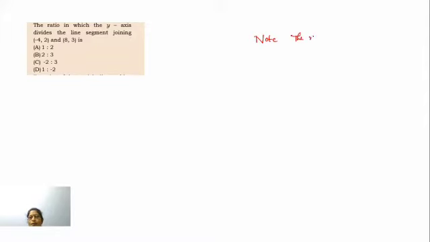Ratio in which y-axis divides, let us take the points as x1, y1 and x2, y2, is minus x1 by x2.